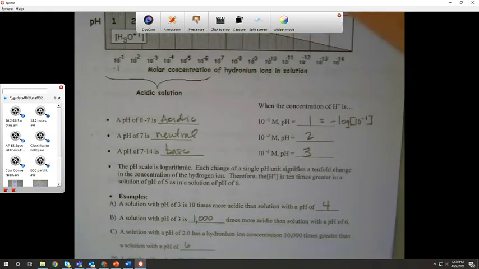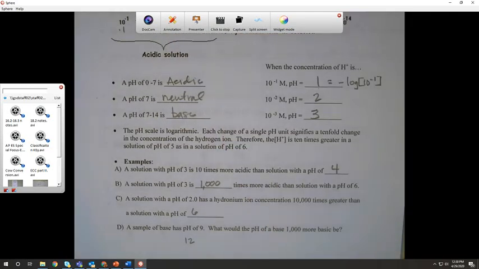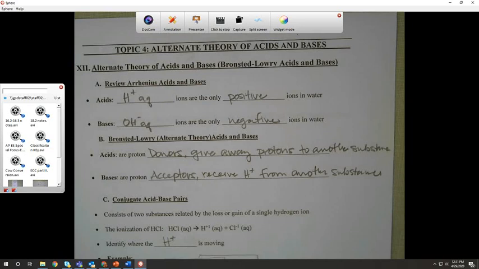A solution with pH 3 is 10 times more acidic than a solution of 4, because as you go down the scale, it gets more acidic with more hydrogen ions. Let's jump to C. If you have a pH of 2 and you've got 10,000 times greater, so 3, 4, 5, 6. So if you move the decimal over, then you're going to get 6. And then 12 and 1. Hopefully those make sense.